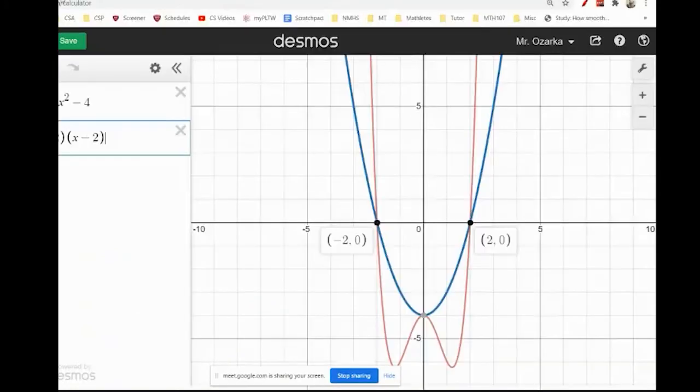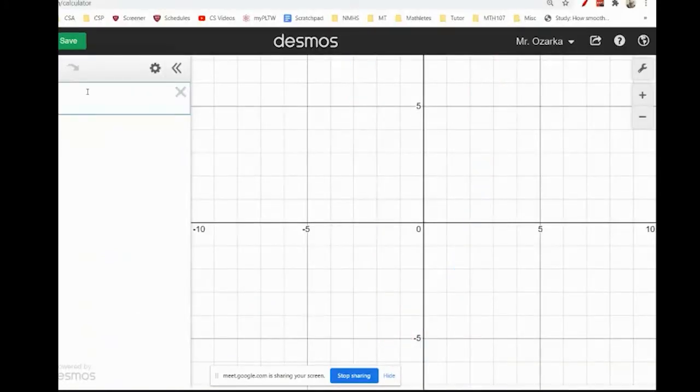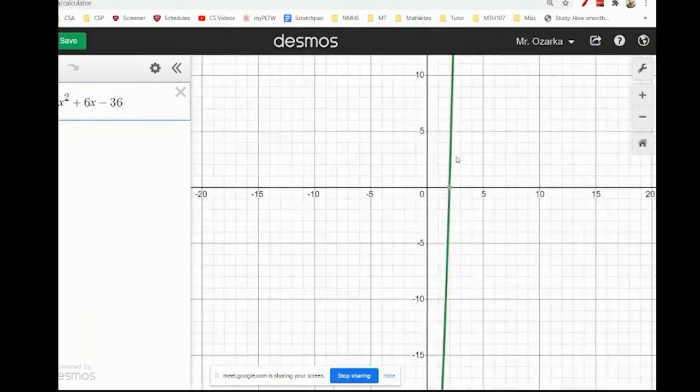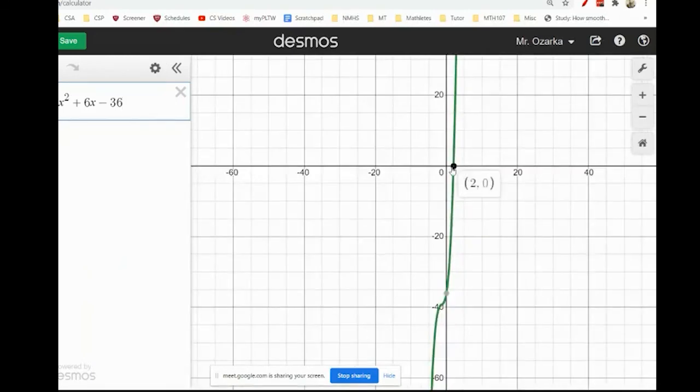Okay, to do that, I'm going to use Desmos. It's going to say p of x is equal to x to the third plus 4x squared plus 6x minus 36. Okay, and if we zoom out here, you'll notice that there's only one real solution right there at 2.